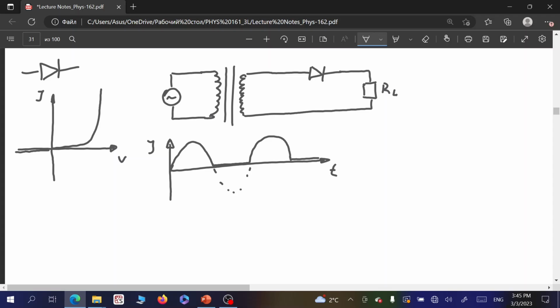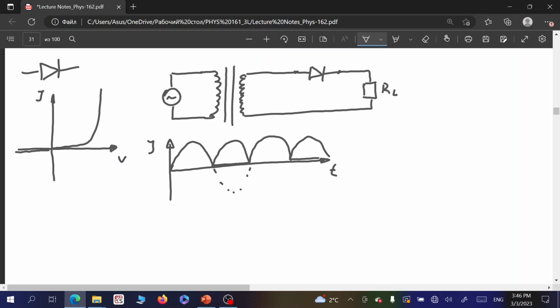So there are obviously options to improve this circuit because we can use a system of diodes, so-called diode bridge, and it will not cut completely a half of period, it will just reverse it. So when we are considering some diode bridge, we can end up with such picture.